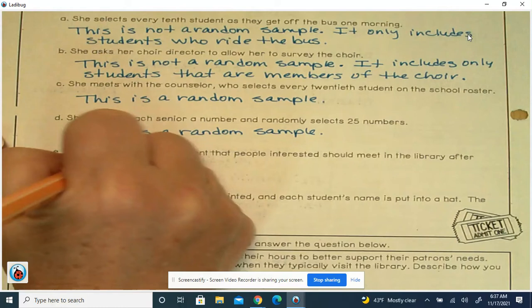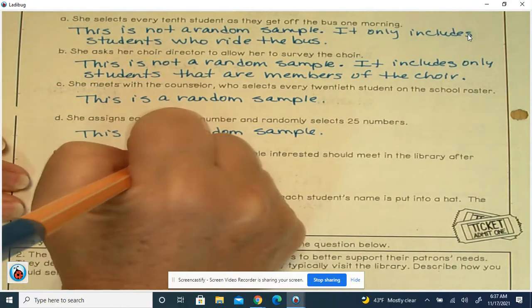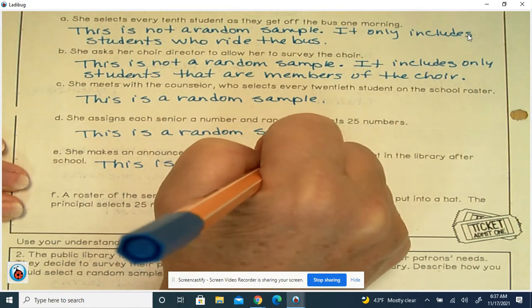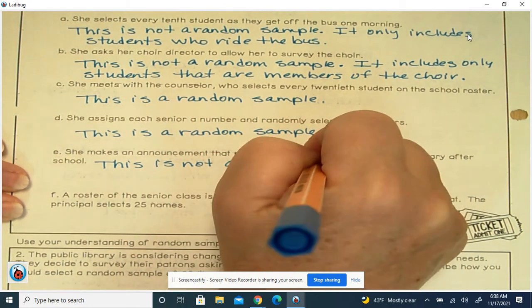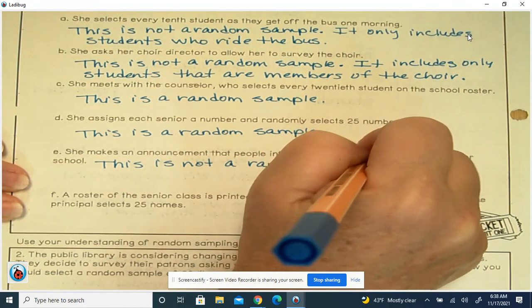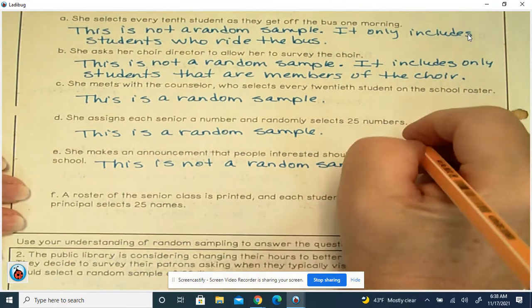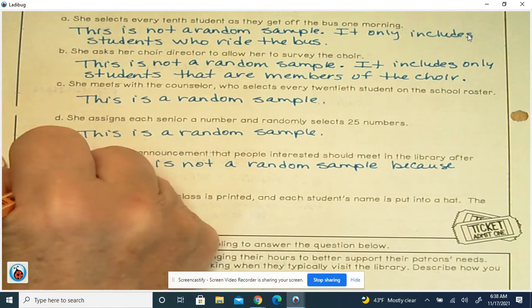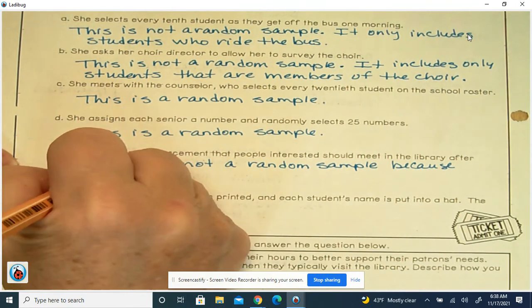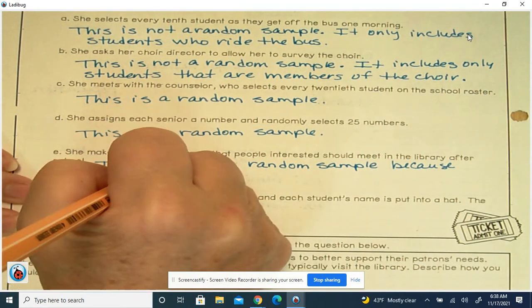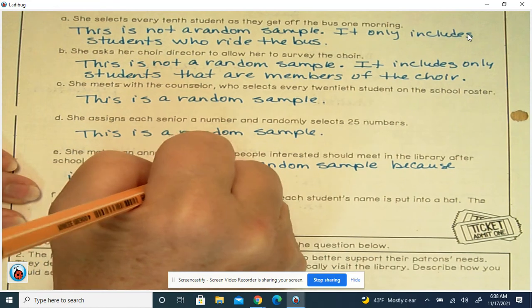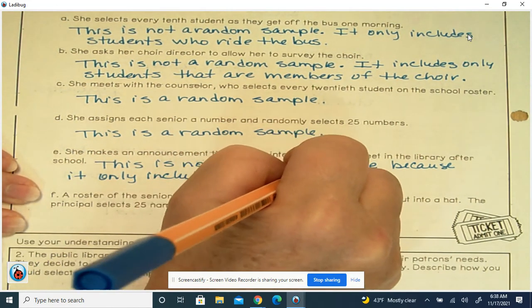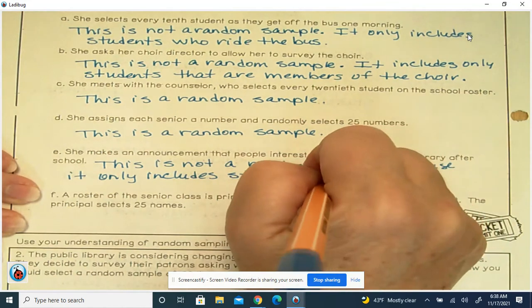This is not a random sample because it only includes students who volunteered to participate.